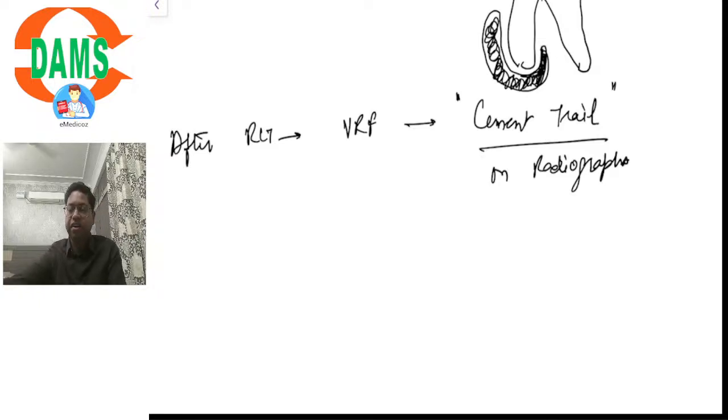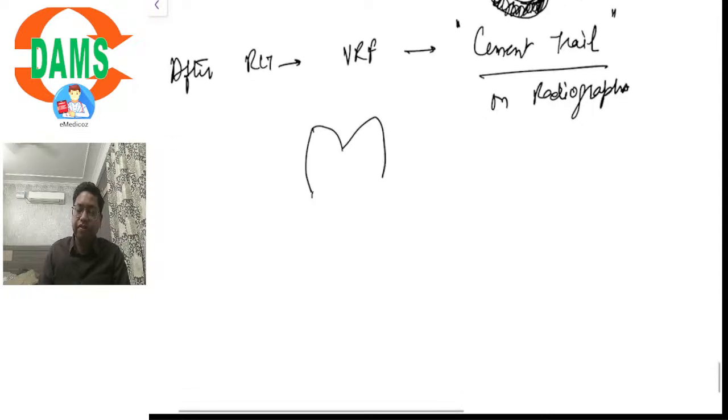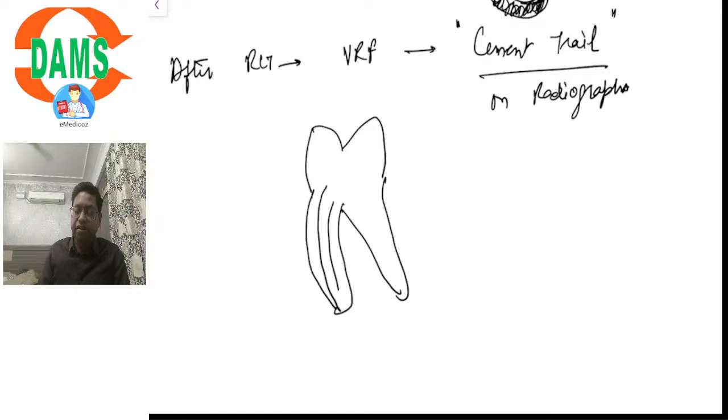What is cement trail? There is a post-obturation radiograph of a tooth. Suppose there is a tooth which has been successfully root canal treated, and there is a radio opaque filling that is visible. This is how we see the post-obturation radio opaque.